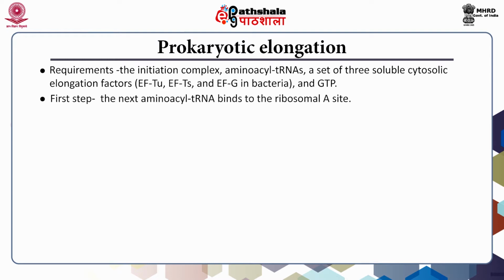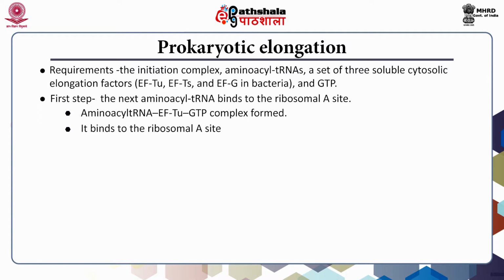During the first step of elongation, the next amino acid transfer RNA binds to the ribosomal A site. The amino acid transfer RNA enters in the form of a complex with elongation factor Tu and GTP. Thus, a complex of amino acid transfer RNA, EF-Tu and GTP binds precisely to the ribosomal A site.